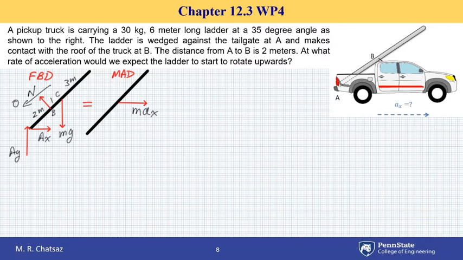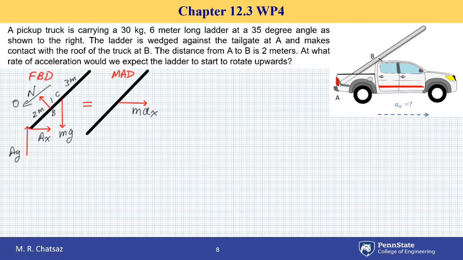Now generally speaking, for a two-dimensional problem I have three equations of motion: net force in x direction equal to max, net force in y direction equal to m a sub y, and a moment equation to be used with respect to any point that is appropriate.